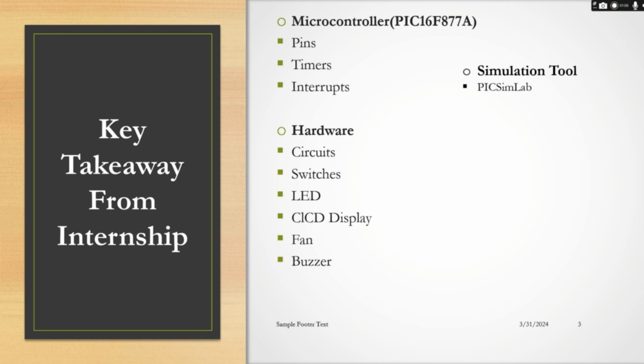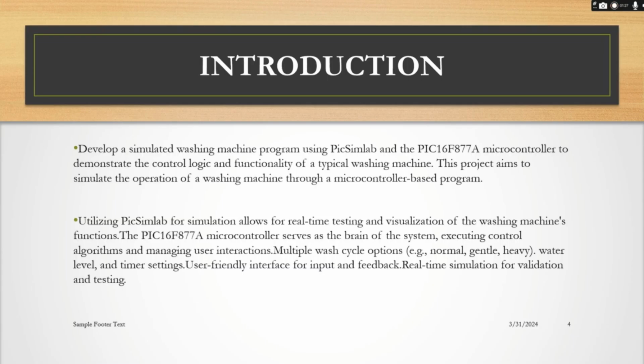We used the simulation tool PIC16F for simulating the microcontroller, and we used a development tool called MPLAB IDE, and for the compiler we used the XC8 compiler for compiling the code. So let's move on to the introduction.